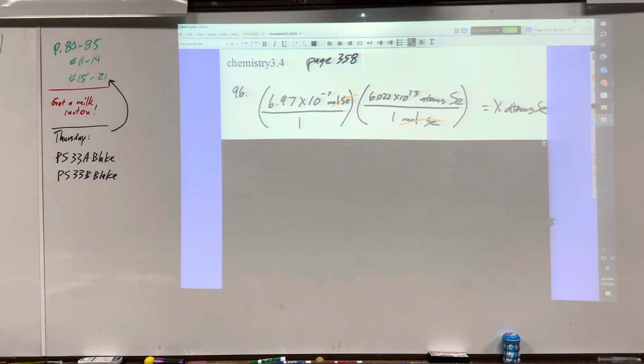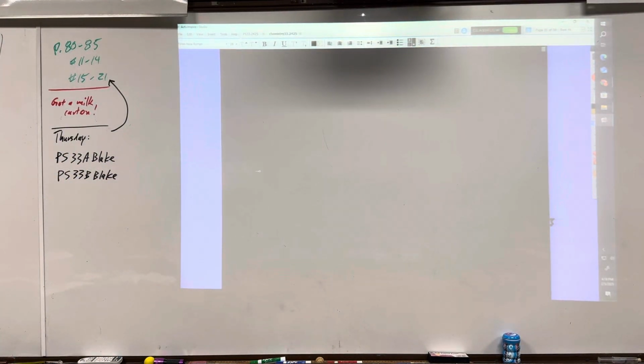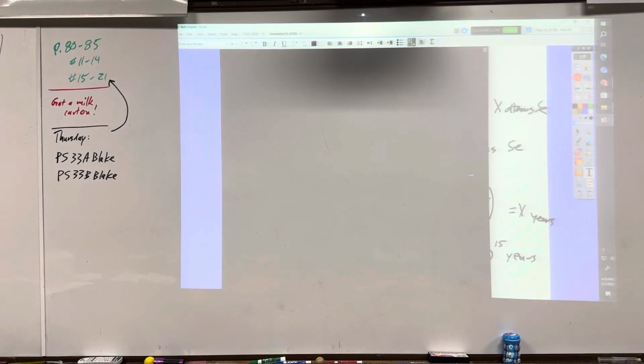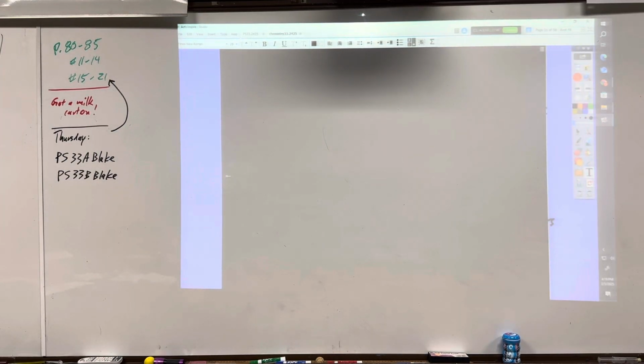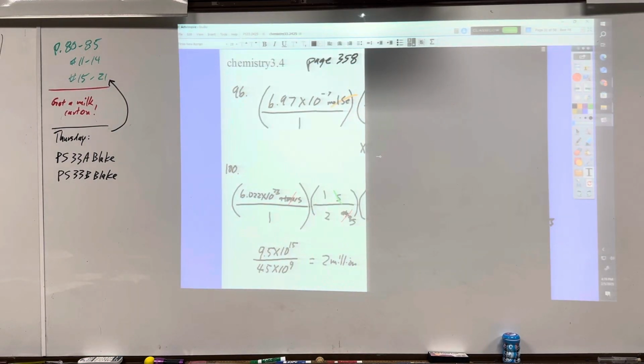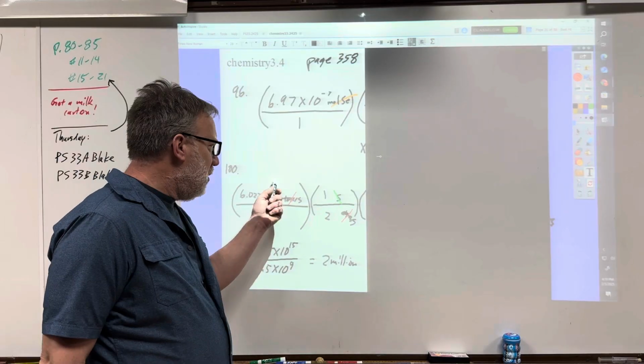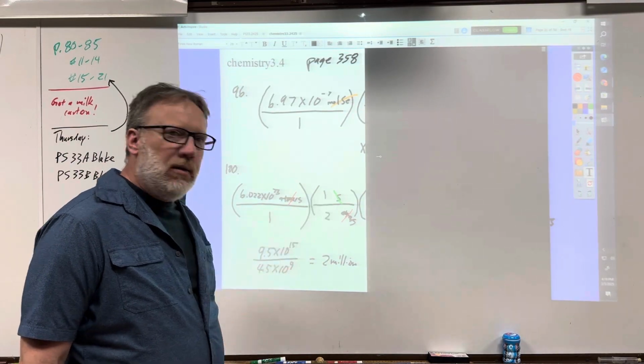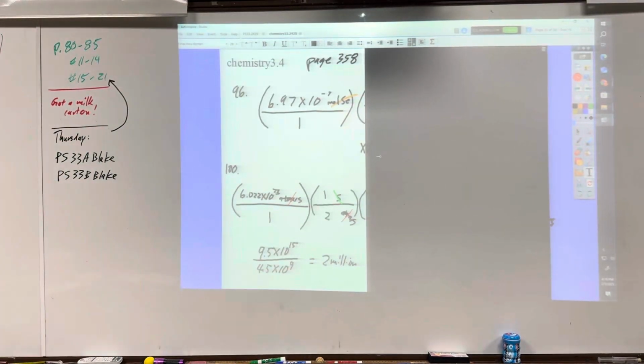And so the way you would do that is you are looking for, I don't know what, seconds? Years. We're going to do years, okay? So there's 6.022 times 10 to the 23rd atoms. At 2 atoms a second, we just cut that number in half, but it's still enormous.